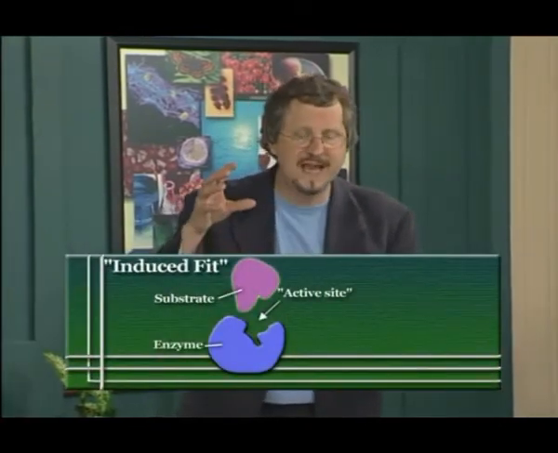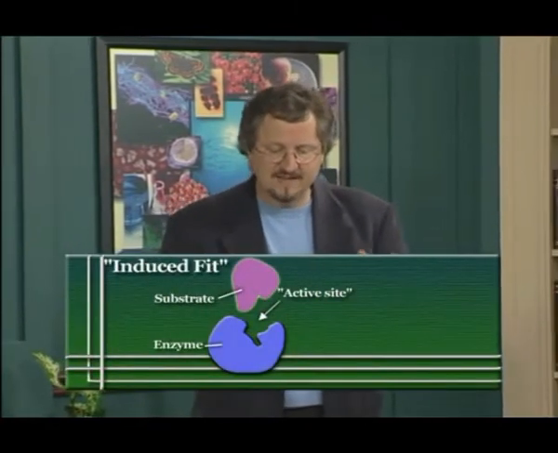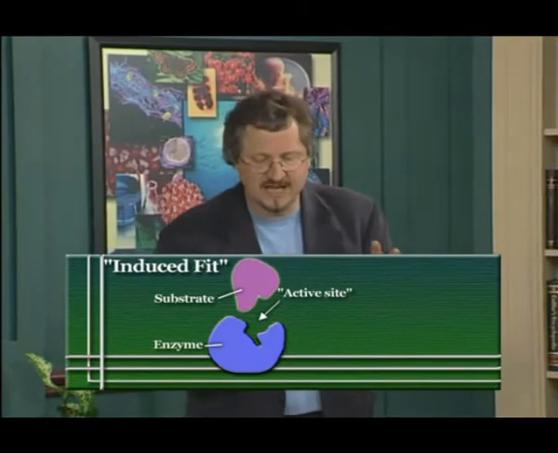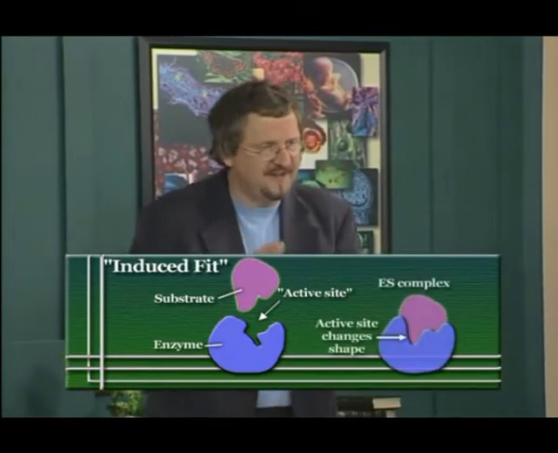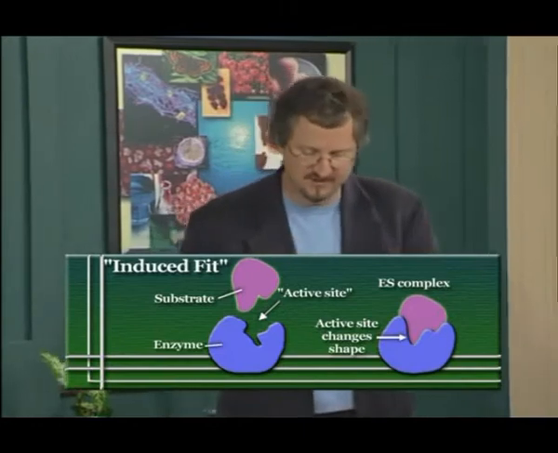As it turns out, however, the physical structure of the active site of an enzyme is not necessarily rigid in the same way we think of a lock being rigid with respect to the key that fits into it. In fact, in many cases, the interaction of a substrate with the active site of an enzyme causes that active site to change its shape itself. In other words, as the substrate enters the active site, the enzyme will change its shape slightly, causing that substrate to fit even more snugly into position.